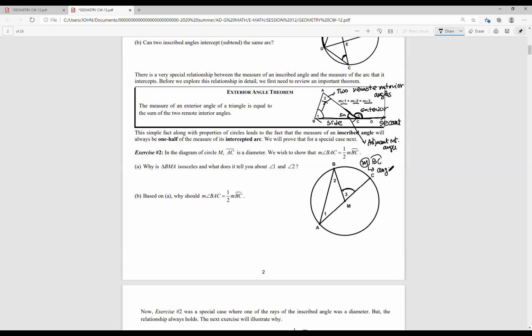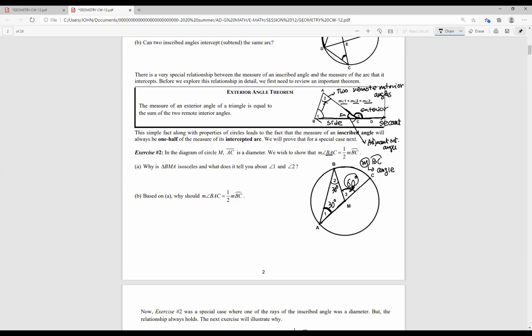Oh, BMC is the center angle; BAC is over here. So if this center angle is 60 degrees for the same arc BC, when you extend it, half of this one is already 30 degrees. So this is also 30 degrees. That's why the exterior angle is 30 plus 30, which is 60, isn't it?